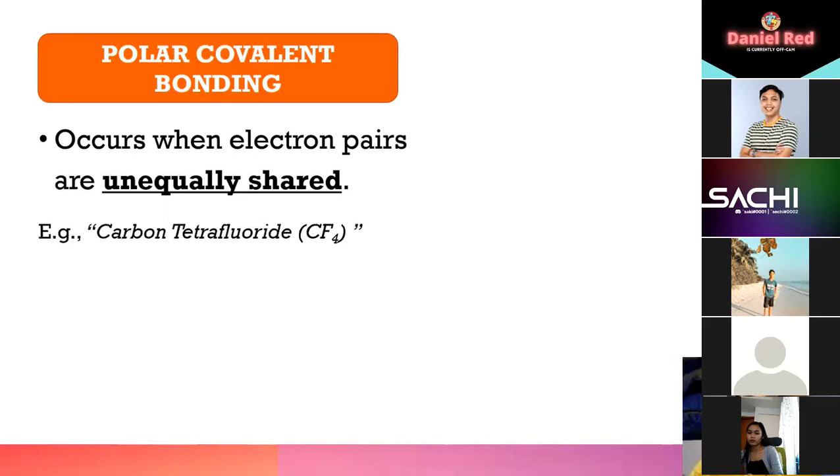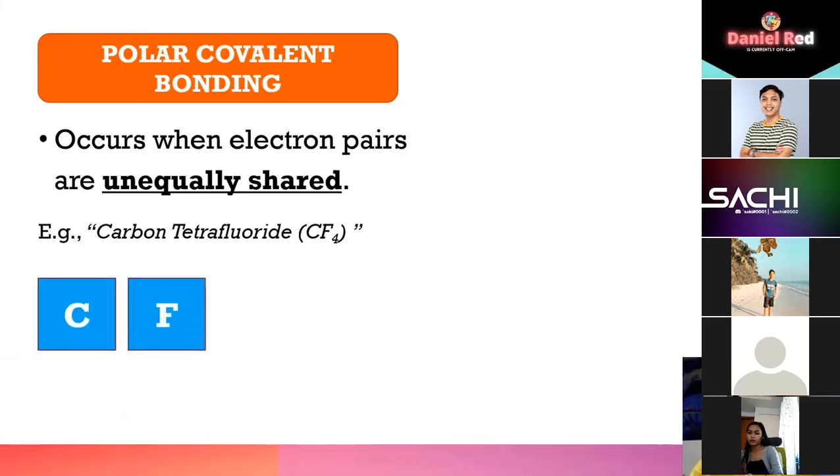For example, we have carbon tetrafluoride or CF4. We have two main elements present in this particular formula: carbon and, of course, fluorine. Carbon has an electronegativity of 2.5 and fluorine has an electronegativity of 4.0.